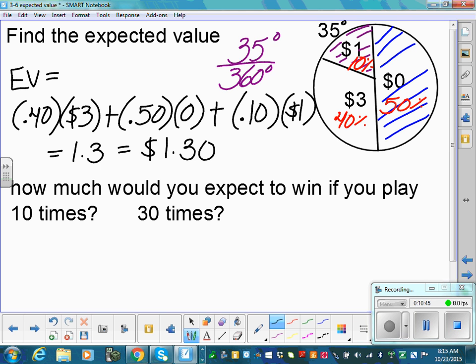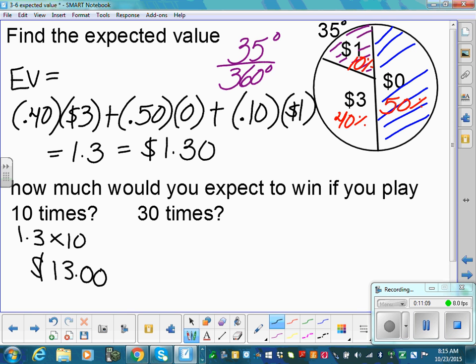So is it more likely that you'll win or lose? Win, right? It's an expected value, so your average winnings will come out to be $1.30. So how much would you expect to win if you played 10 times? 13, good. You take 1.3 times 10 and you get $13. So why the heck wouldn't you play it?